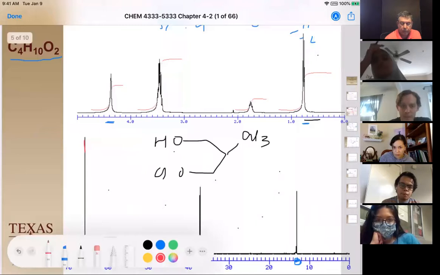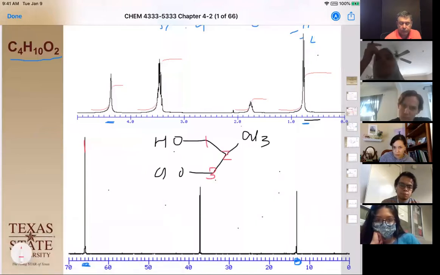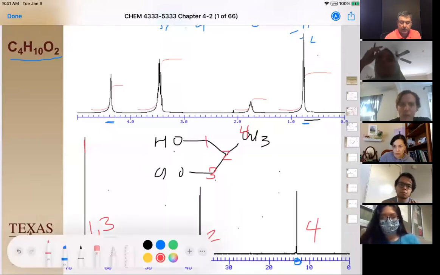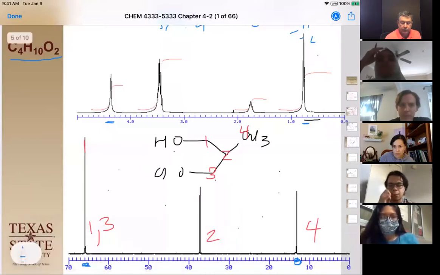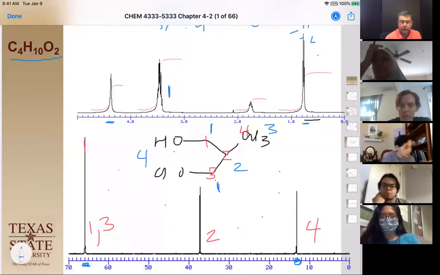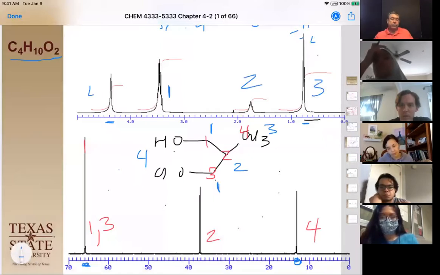We have 1, 2, 3, 4 carbons, where 1 and 3 are here, 2 is here, and 4 is there. We have 1 type of hydrogen here, a 2nd type here, a 3rd kind here, and a 4th kind here. So these would be 1, 2, 3, and 4. Yeah, that's very consistent.